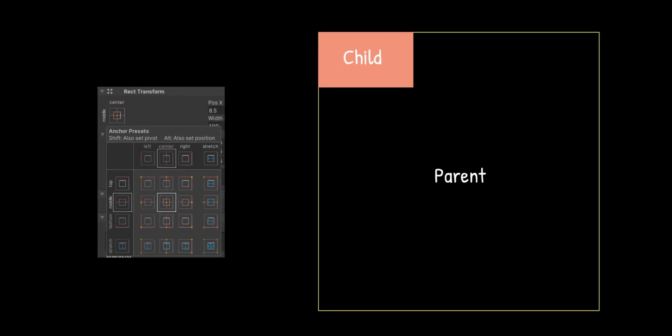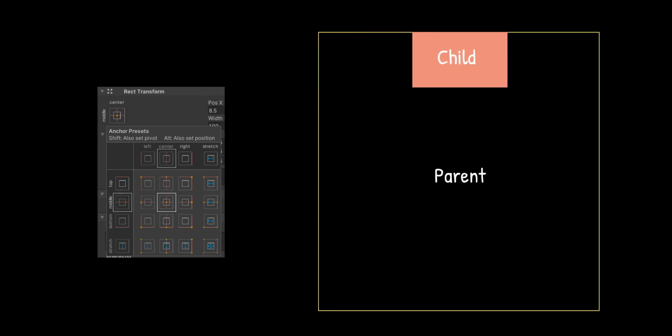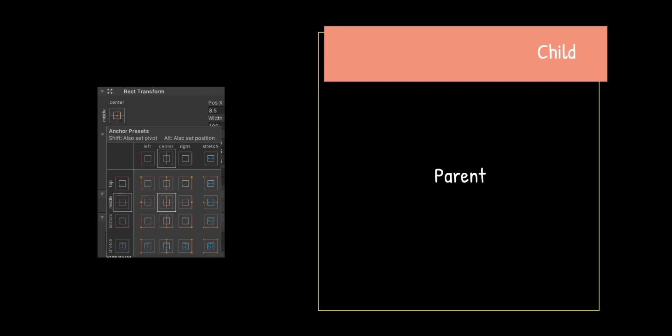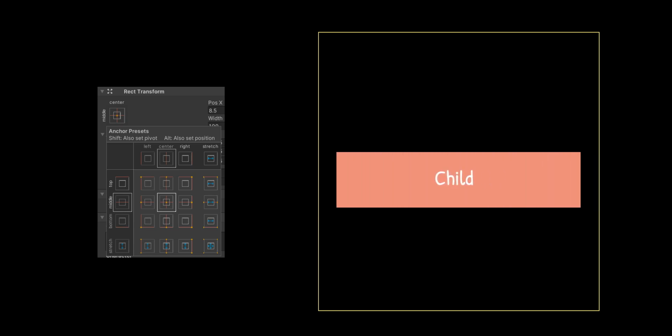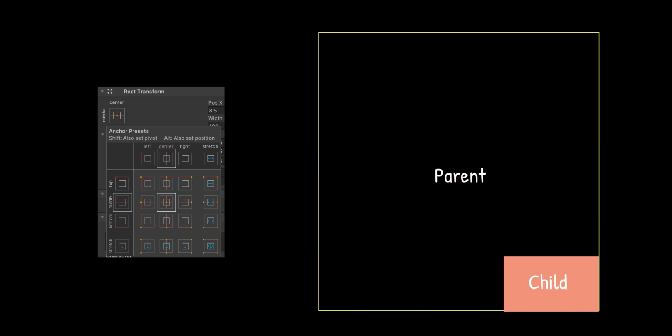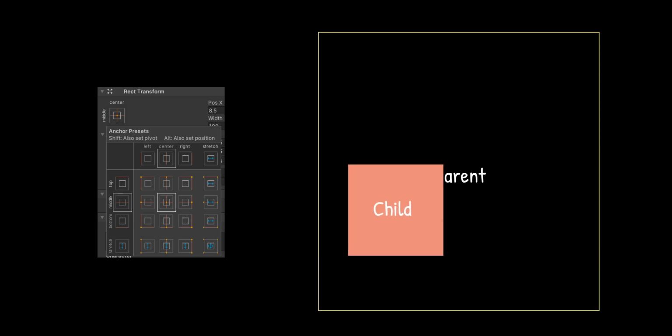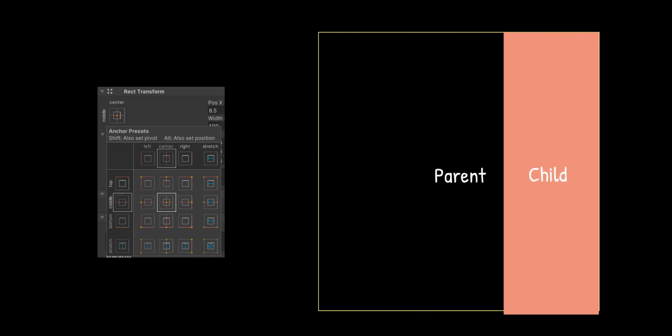As you see, anchor position can be defined as top left, top center, top right, top stretch, and middle left, middle center, middle right, middle stretch, and bottom left, bottom center, bottom right, bottom stretch, and stretch left, stretch center, stretch right, stretch stretch.